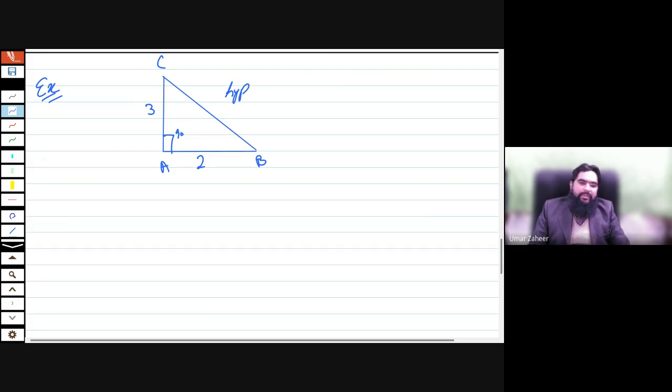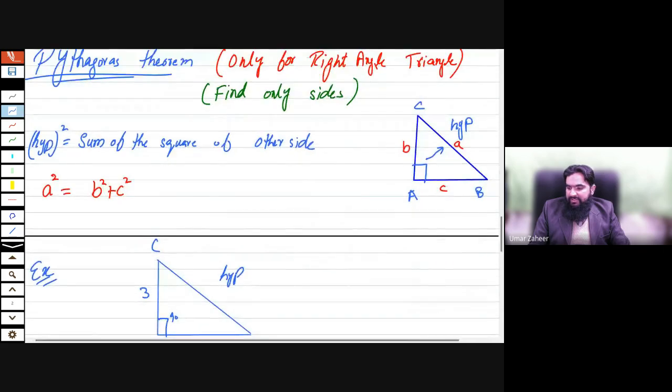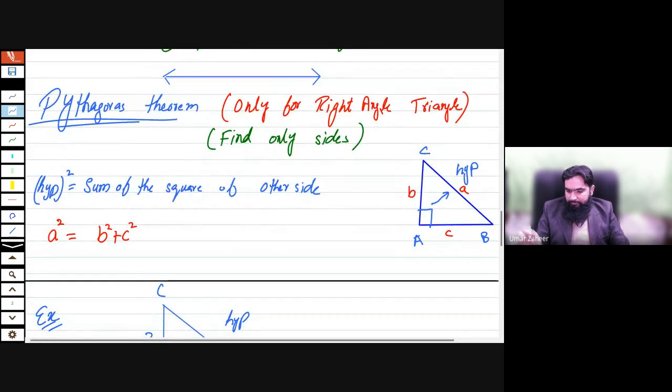You always use the Pythagoras theorem if two sides are given and you have to find the third one. If only one side is given, you cannot apply the Pythagoras theorem here. These are the important lines.